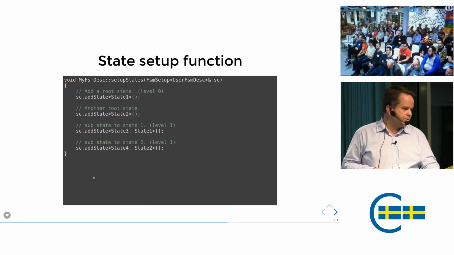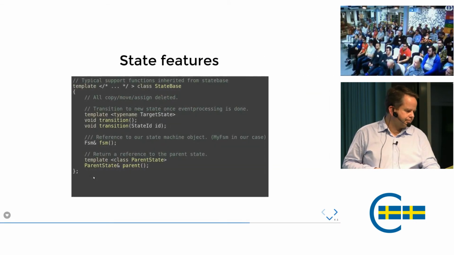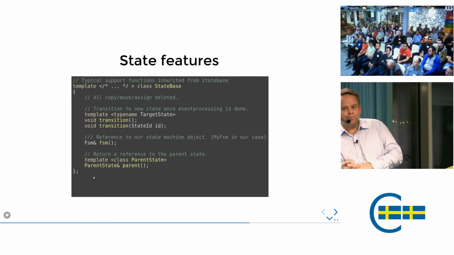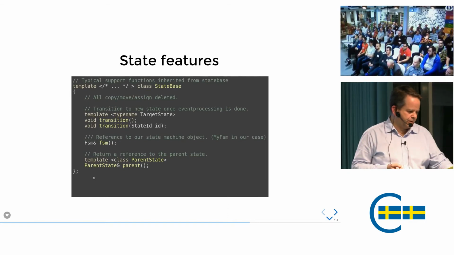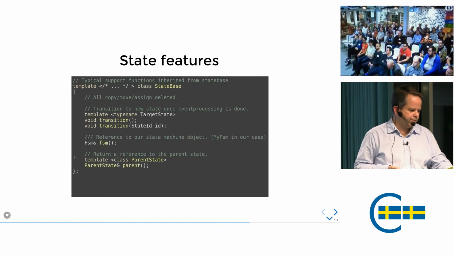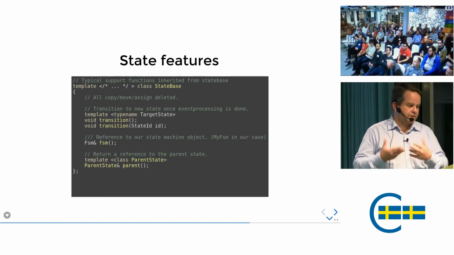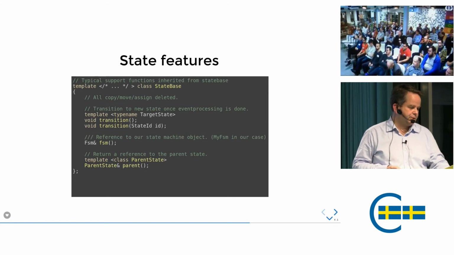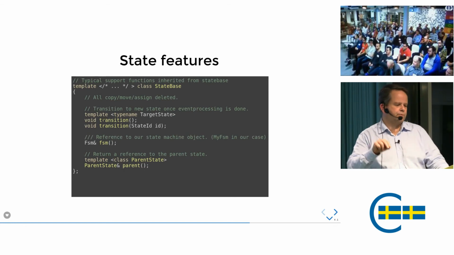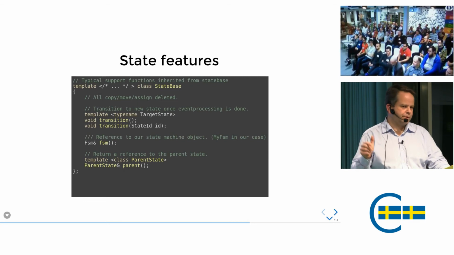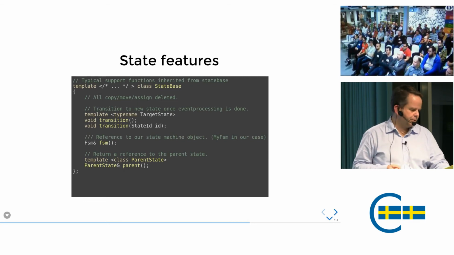So that's the basic use case of it. What does this buy you? What can you actually use this for? Or what does this offer you when you want to write your states? In the state base that you inherit into your states, you have the transitions. You can do it either by type or by this ID number, so you can do it runtime calculated if you want to.